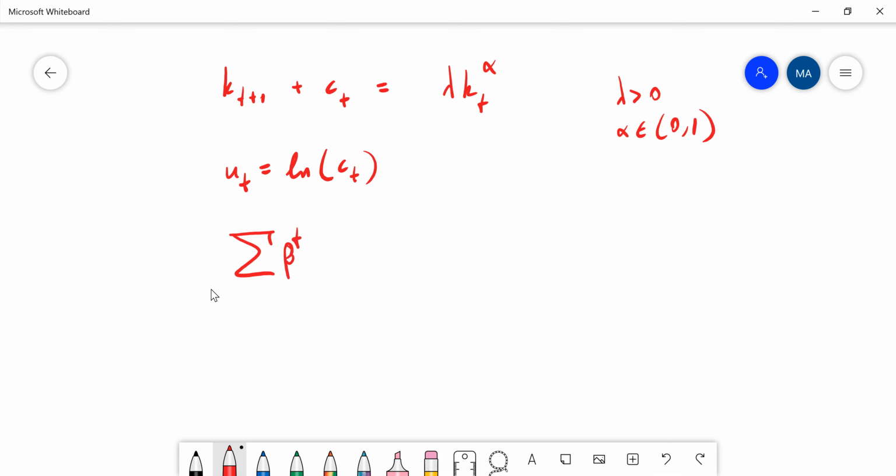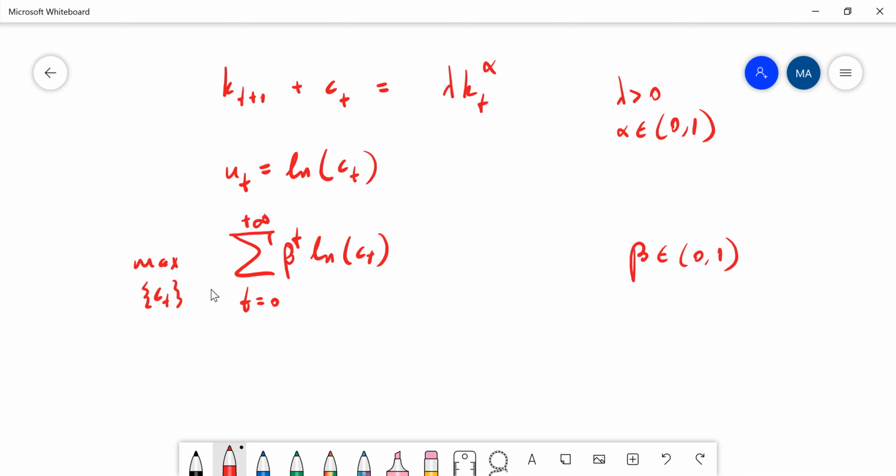There's the discount factor, and then C_t, t goes to positive infinity. We want to maximize this by choosing a sequence of consumption levels by meeting the constraints, obviously, right? And beta is, again, between 0 and 1, all right?